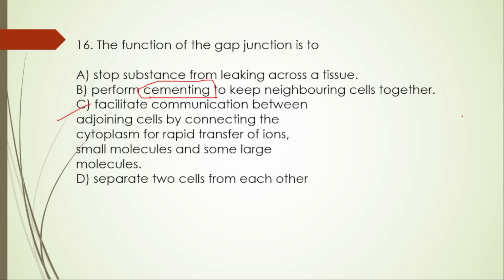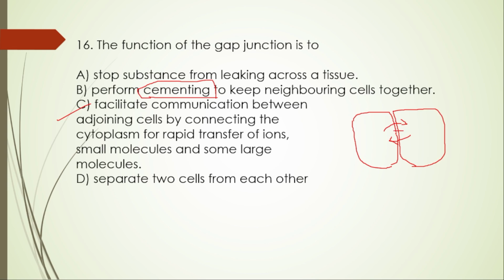See what happens actually when we talk about the cells. Among two adjacent cells, if I am taking cell 1 and then cell 2, there will be a cementing material also, and how they are going to be connecting among themselves, their gap junctions will be there.